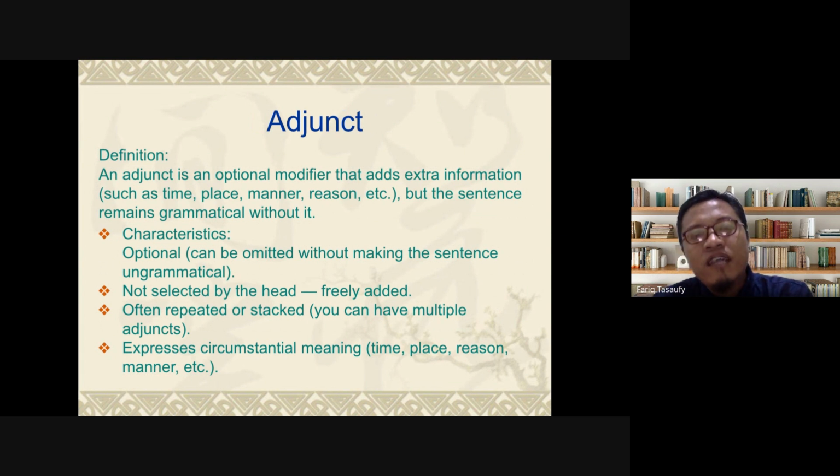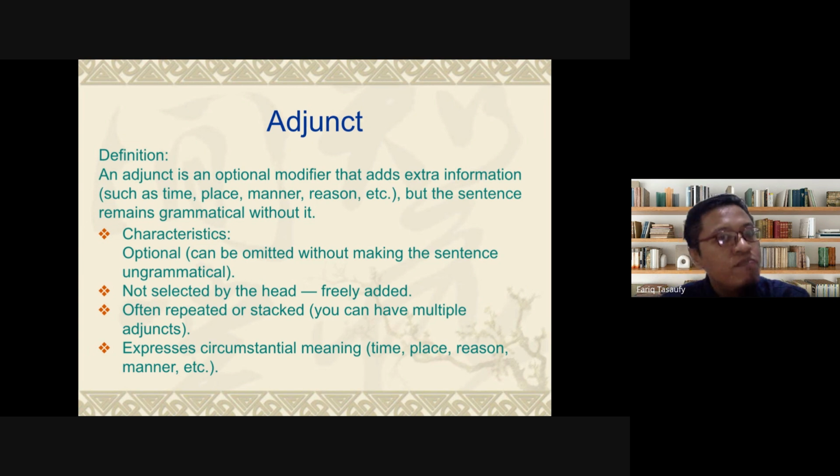And it is not selected by the head. Remember, the head in a clause is the verb, so it doesn't choose. It is not chosen by the head or by the verb, and it is freely added.